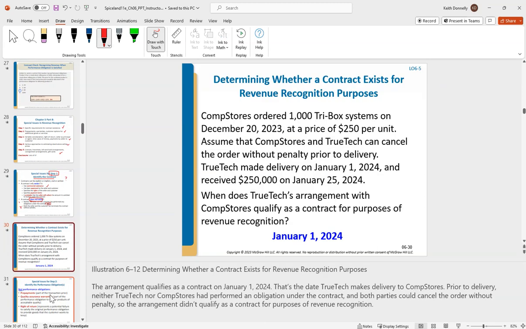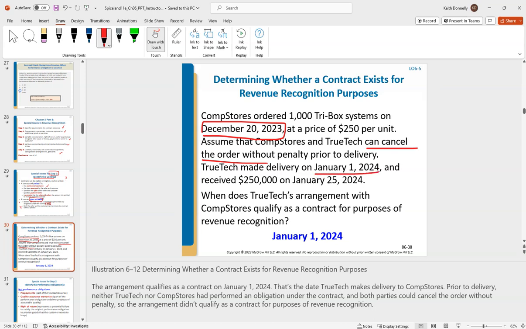Let's look at an example to illustrate this. They're asking us, at what point in time, for purposes of revenue recognition, is there a contract? It looks like Best Buy ordered some Xboxes on December 20th. That's great, we made an order. Neither of the parties has performed yet, and both parties can cancel at any point in time. It's not really a contract yet. Either party can do whatever they want.